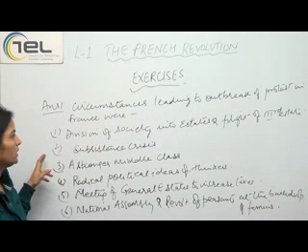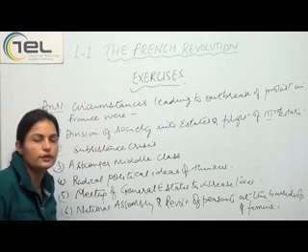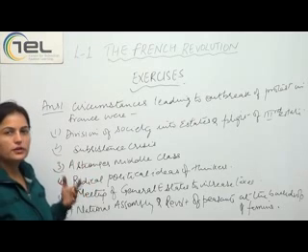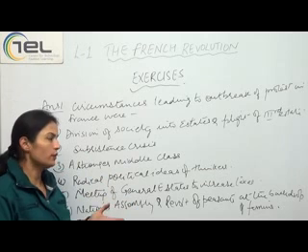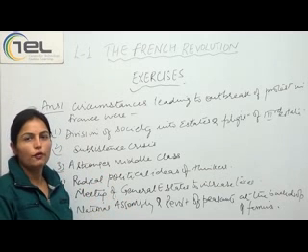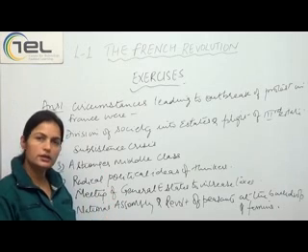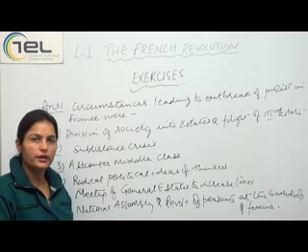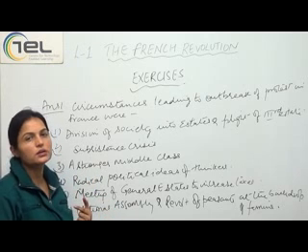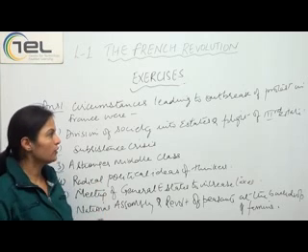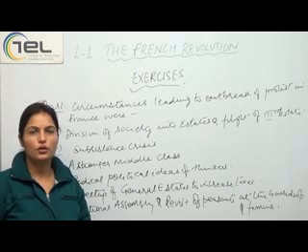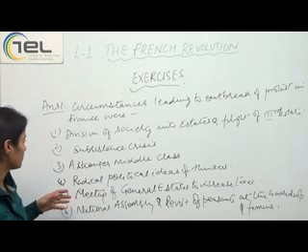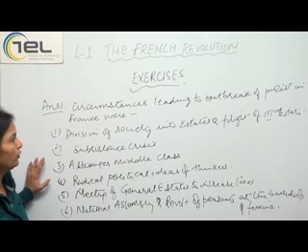First was division of society into states, as we had studied that the French society was divided into three states. The first and second state enjoyed all the privileges, they were exempted from the taxes, but the onus of paying the taxes laid on the third state, which comprised of middle classes and lower classes. They had to pay direct and indirect taxes, and even these upper two states, that is clergy and nobles, also used to extract taxes from them. So their whole income was gone in paying taxes, and therefore they were not at all satisfied and they broke in revolt.